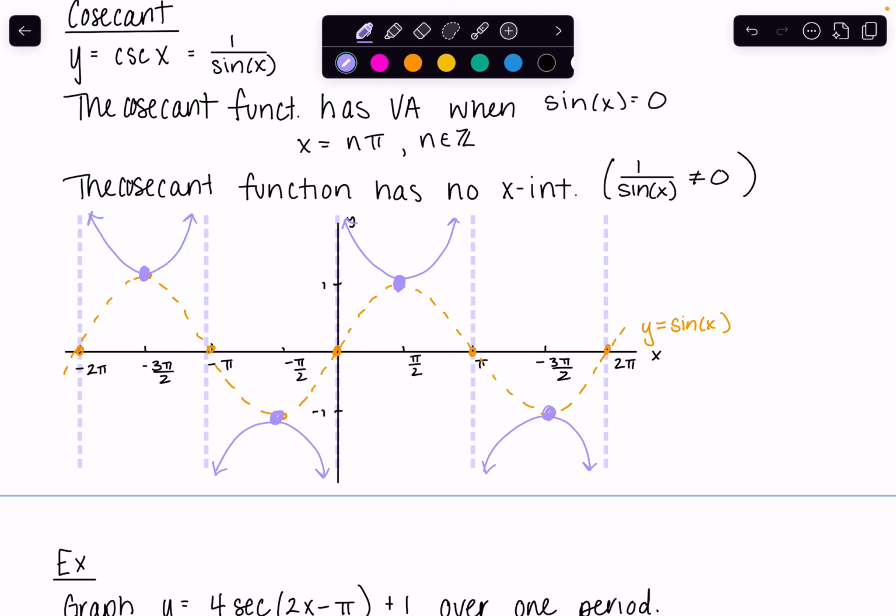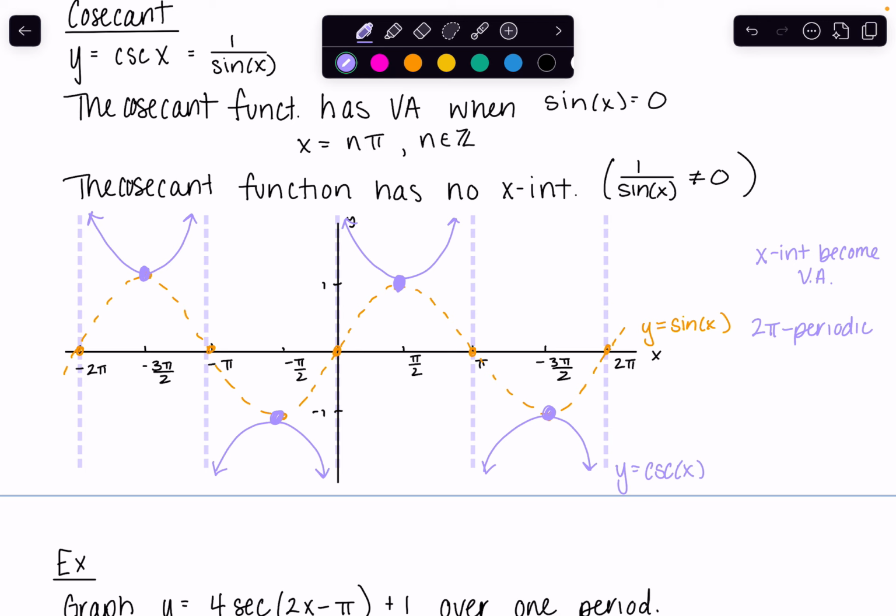So our x-intercepts still become vertical asymptotes. And this is still 2 pi periodic. So only the tangent functions have a different period, okay?